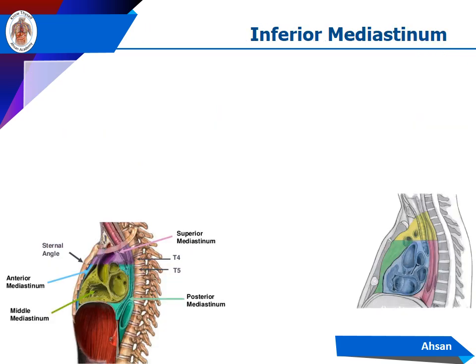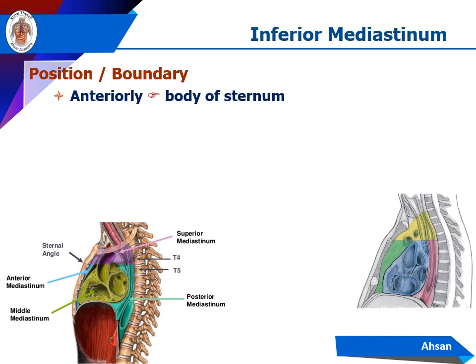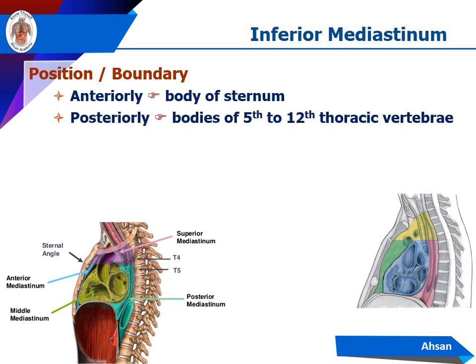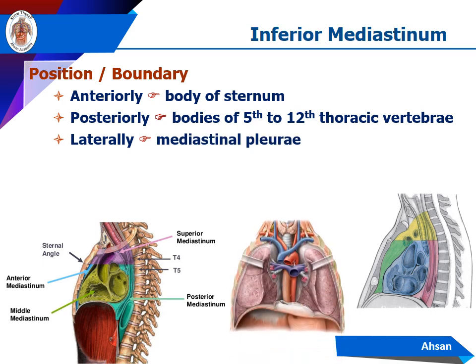The inferior mediastinum, as we have already discussed, is divided into anterior, middle, and posterior parts. As a whole, if we consider the boundaries, it is behind the body of the sternum and in front of the thoracic vertebral column, which contains the 5th to 12th thoracic vertebrae. On either side, the mediastinal pleura is there.